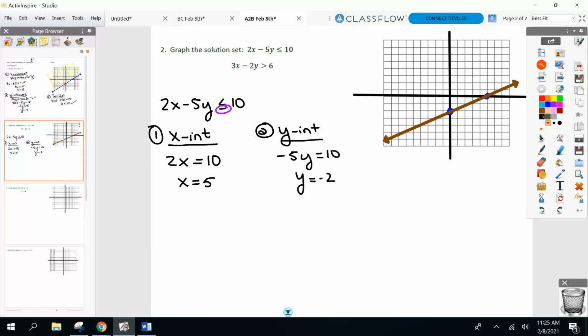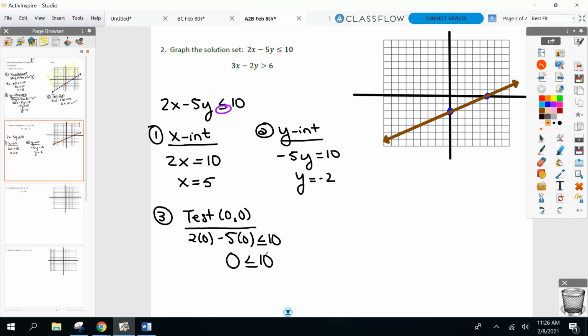All right, let's figure out where I got to shade now, right? Above or below? Let's see, the line doesn't go through 0, 0, so I can test 0, 0. So it's 2 times 0 minus 5 times 0. Is 0 less than or equal to 10?